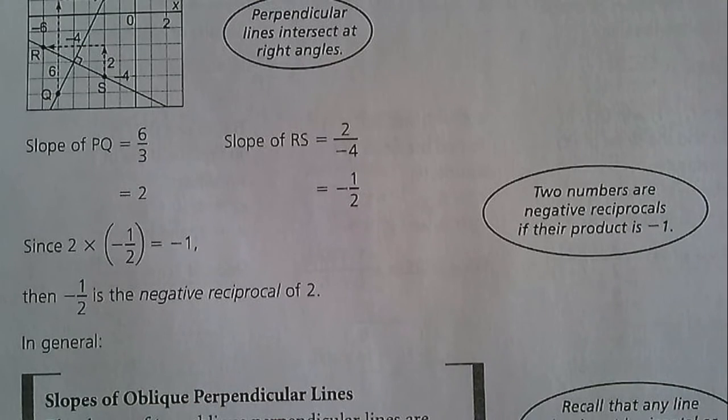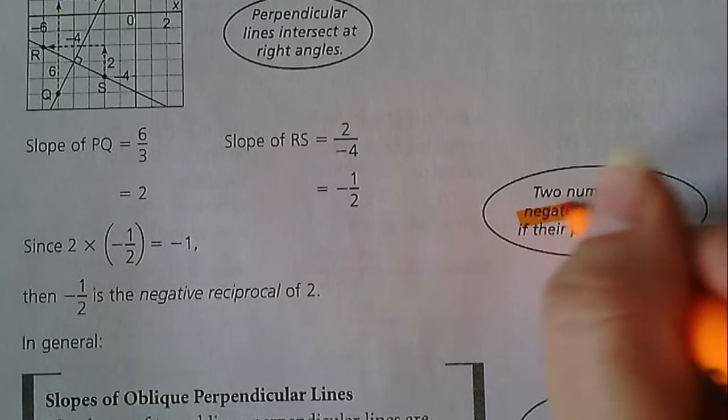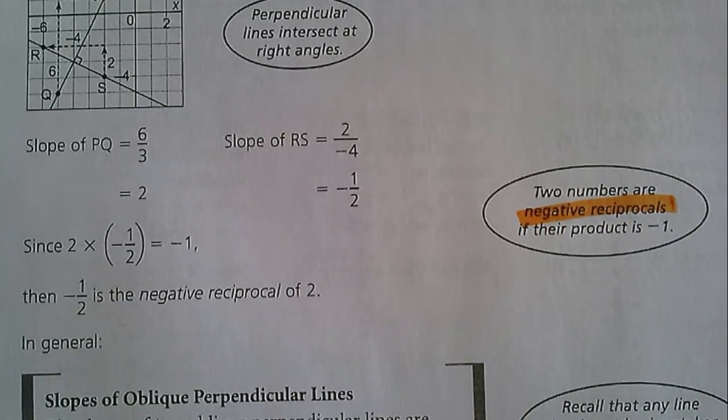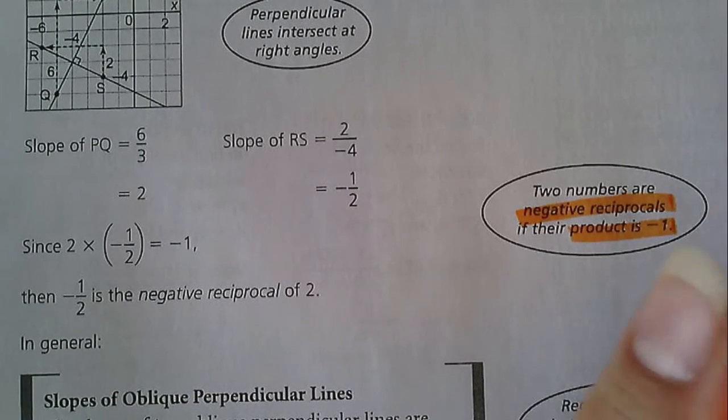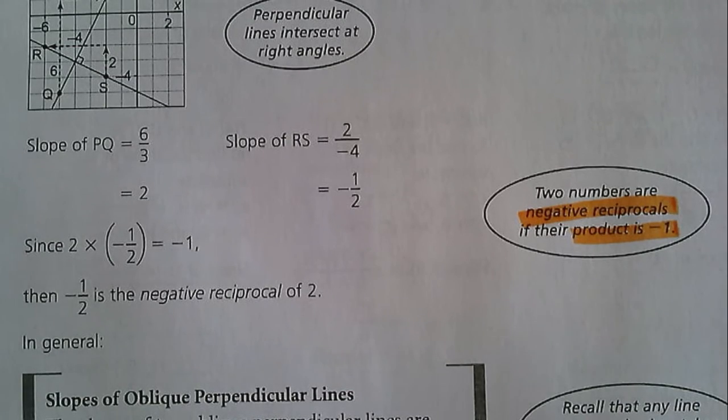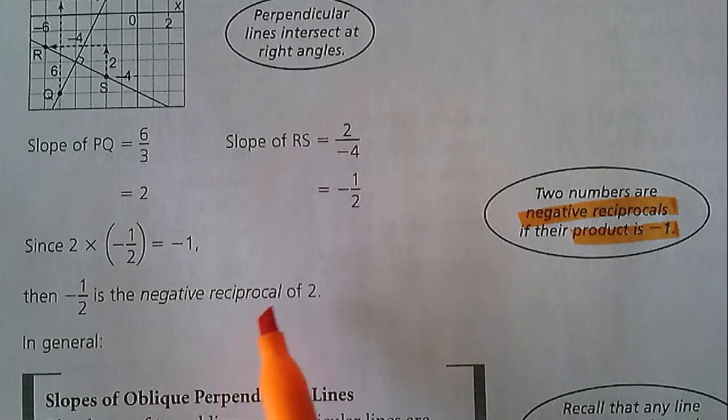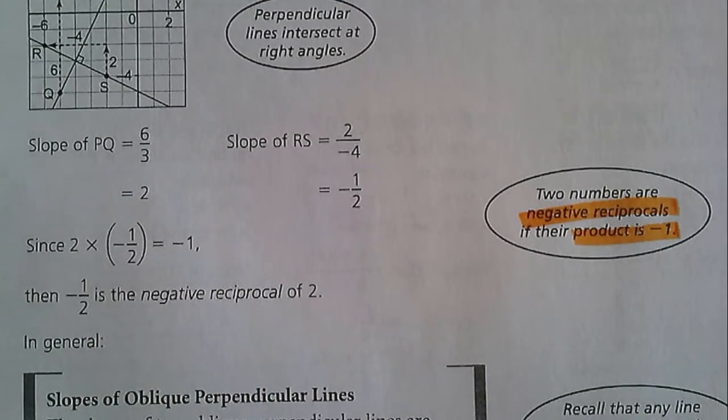Okay, so two numbers that are negative reciprocals, we're going to know that they're negative reciprocals when their product is -1. Okay, so hopefully that makes sense. So that means that -1/2 is the negative reciprocal of 2.